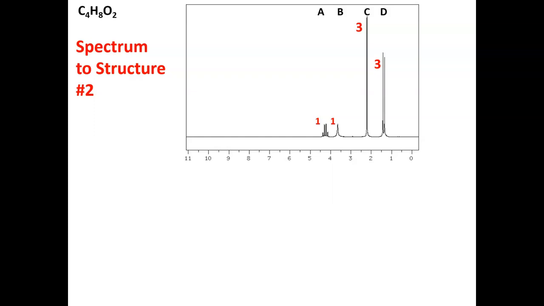Okay, so this is spectrum to structure part 2, and I'm giving you a spectrum like this one, and as you can see, I've given the fundamental information of the shift. As you can see, shift scale, we've got peaks labeled A, B, C, D going across left to right, and I've put the integration values in red, as you can see, so 1, 1, 3, and 3.